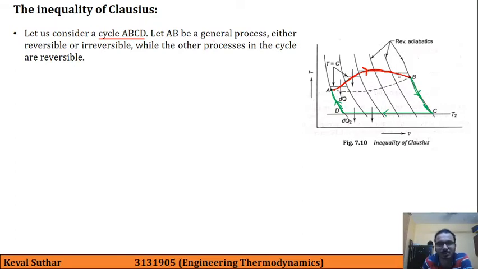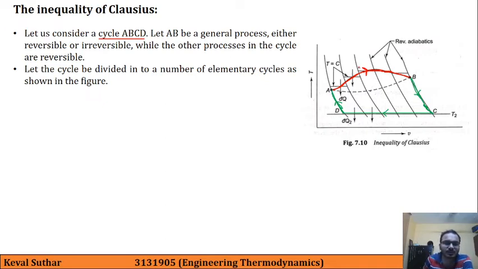AB is a general process, either reversible or irreversible, while other processes are reversible. And let me remind you that this diagram is not a PV diagram, actually this is a TV diagram, temperature volume diagram, and in this process C to D is an isothermal process.